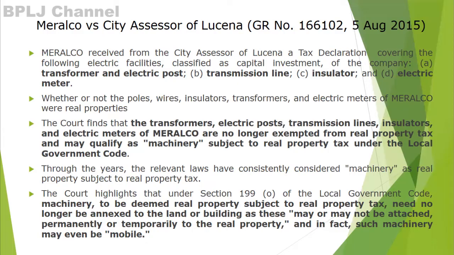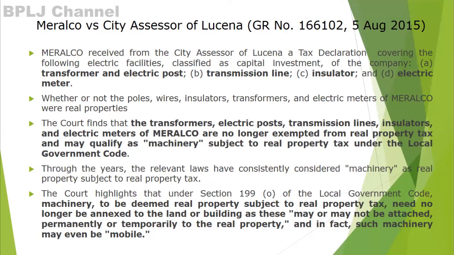Okay, again, it is a reiteration of what I previously said, that the crucial requirements for a machinery to be considered as an immovable property is the requirement that it must be placed by the owner of the immovable, of the land or building, and second, that it tends to directly meet the needs of the said industry or work.